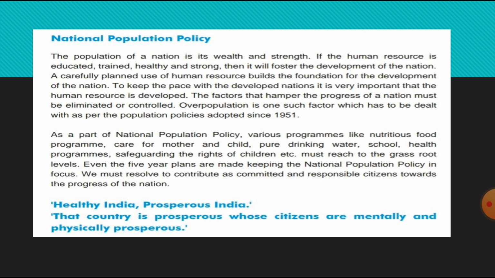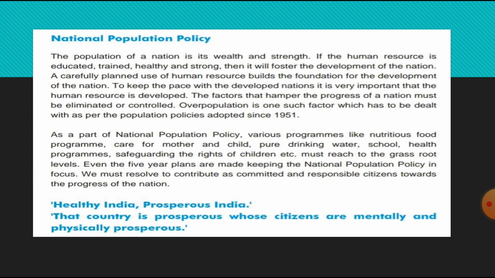When the human resources of a nation are educated, trained, healthy, and strong, they can contribute greatly to the development of that nation. To arrest any sudden rise in its number, as well as to see that it is used and developed properly, our government has decided on a national population policy.